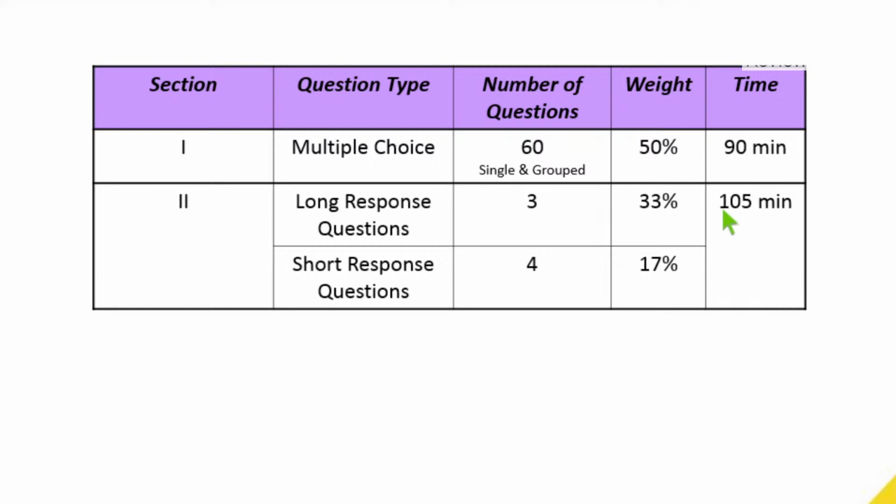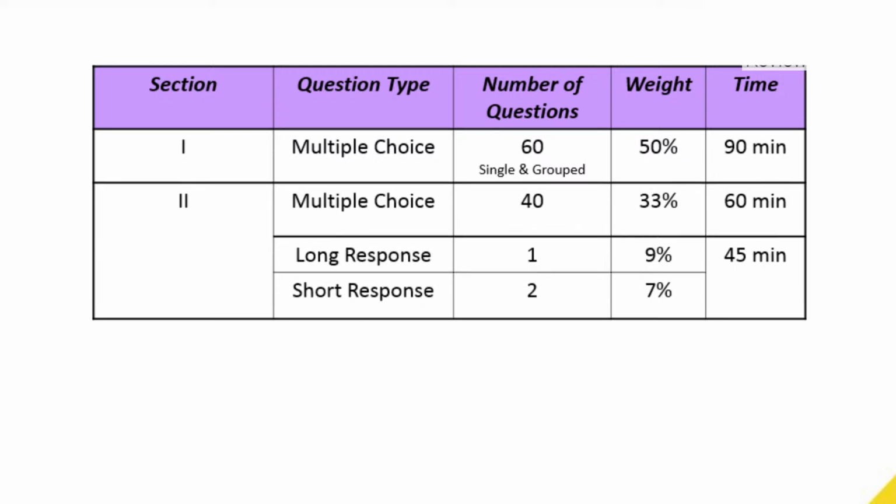Now, the difference is that if you look at the digital test, the multiple choice is not that much different, right? It's still 60 multiple choice questions in 90 minutes. The difference is that if you see one multiple choice question, you can't go to the next one unless you answer this one. Section 2 is where the differences are more dramatic.